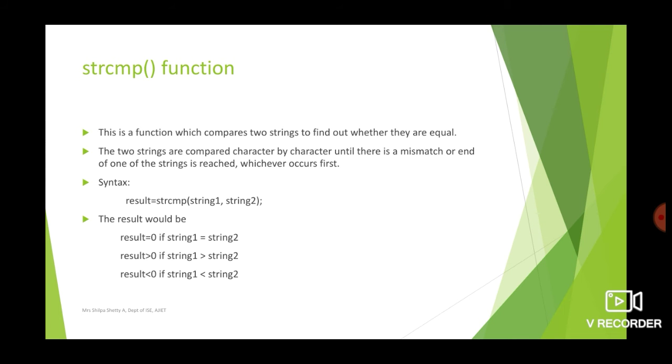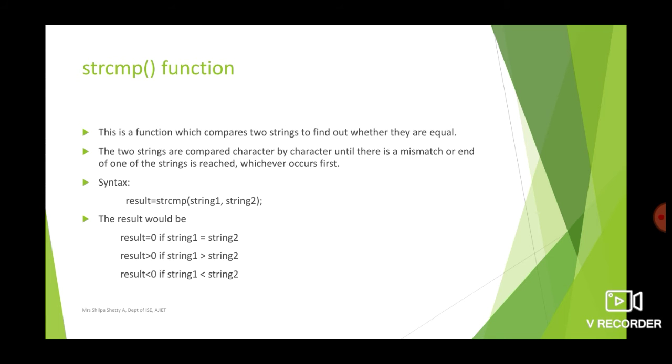The next function that we have is the strcmp function. This function is used to compare two strings and determine whether they are equal. The two strings are compared character by character until there is a mismatch or the end of one of the strings is reached, whichever occurs first.